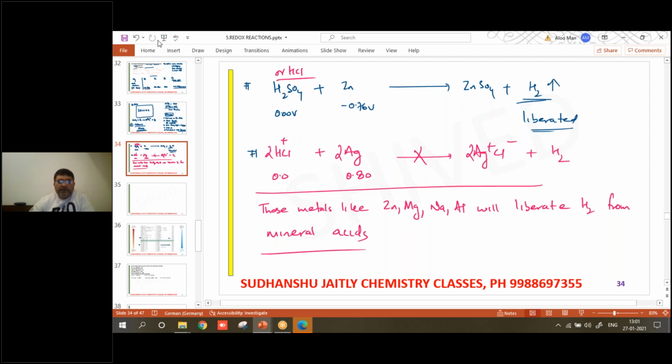Those metals like this will liberate hydrogen which have negative SCP, that is SCP less than the hydrogen.